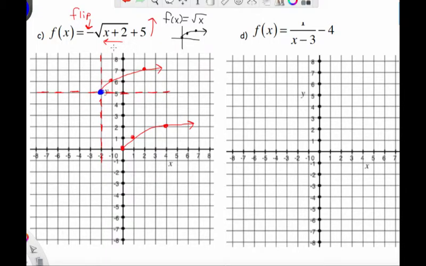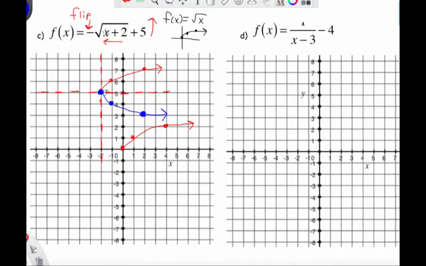It is moved left 2, up 5, and then we have a (0, 0). We have over 1, down 1 instead of up, and then over 1, 2, 3, 4, down 2 instead of up 2. And then here is our final graph.